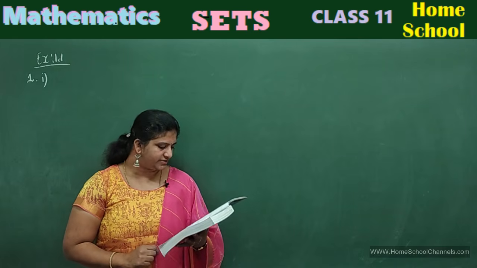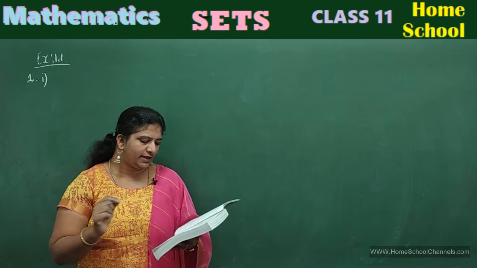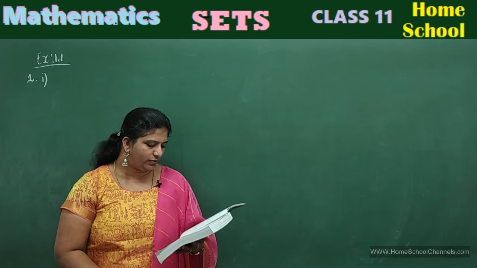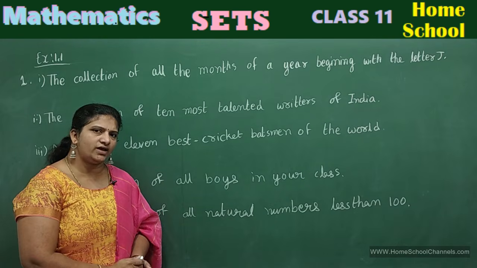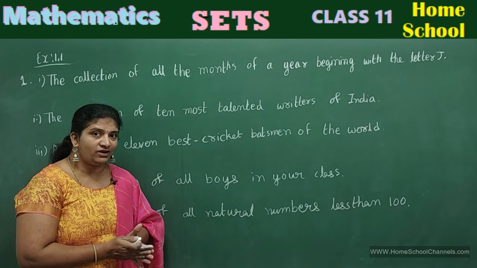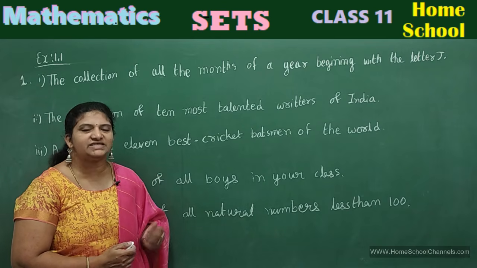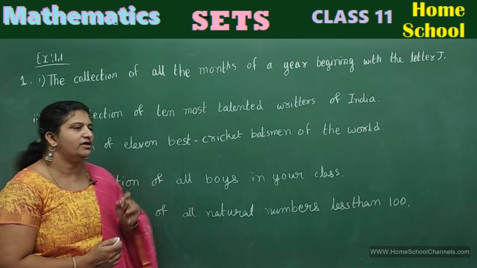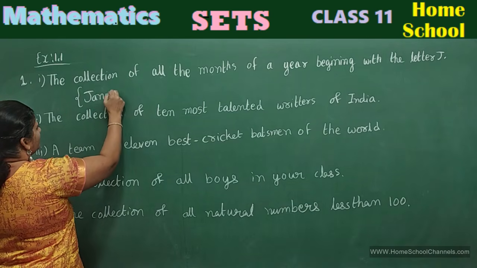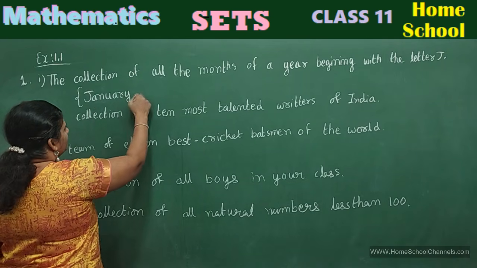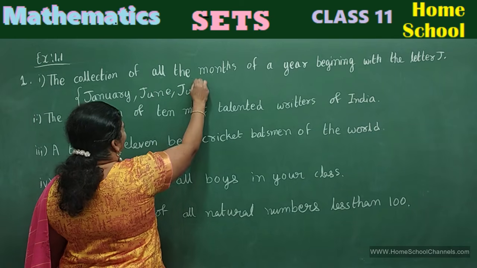Justify your answer. In that first sub-question, the collection of all the months of a year beginning with the letter J. Can you say all the months of a year? Yes. January, June, July are the 3 months which start with the letter J. So write the set like this: January, June, July.